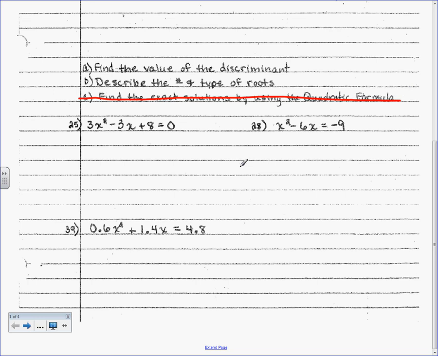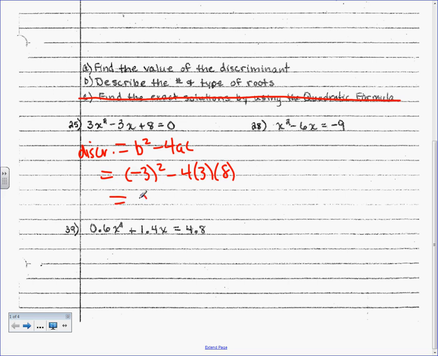Okay? So is this in order? Yes. So we're going to find the discriminant, which is just b squared minus 4ac. So b squared is going to be negative 3 squared minus 4ac. Is that okay? I'm just substituting, right?